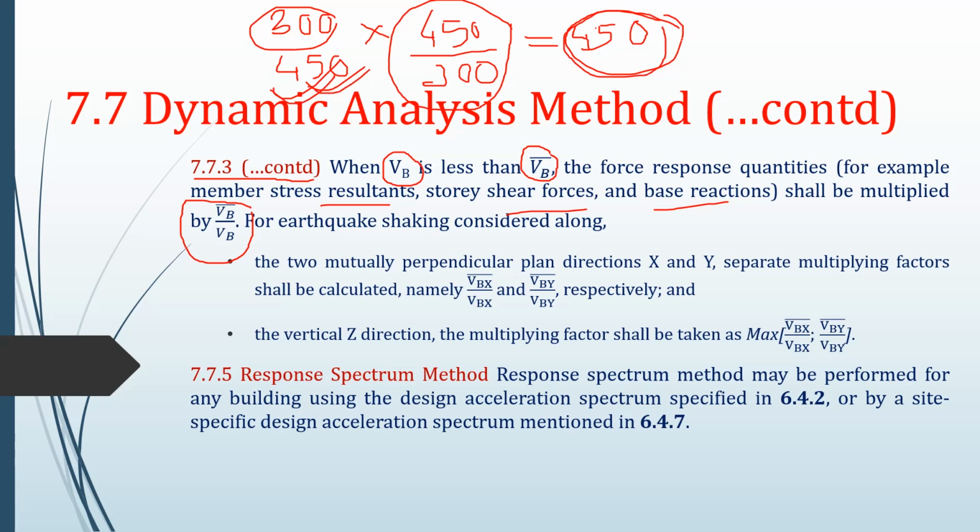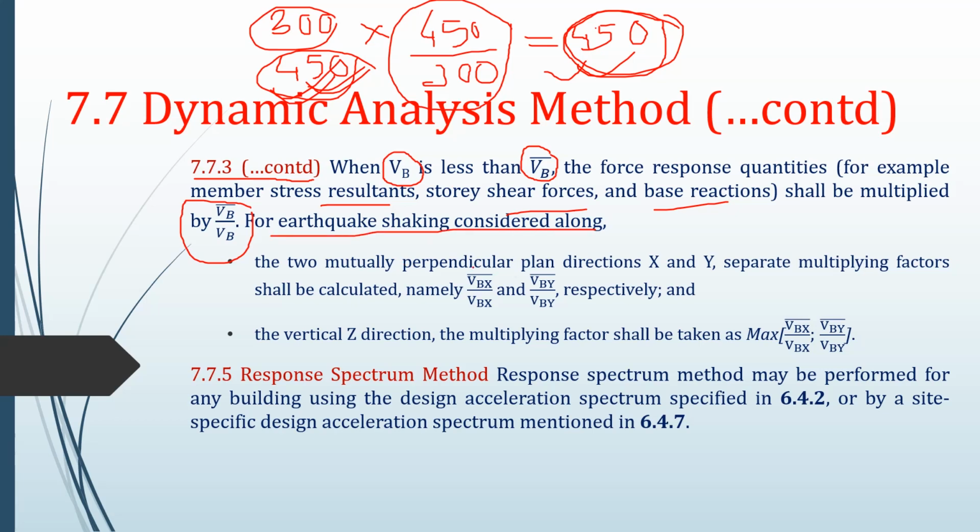That means minimum base shear should be at least 100% of this equivalent static base shear. And in other codes, you may get that to be 80% or 90% or 95%. But in our IS code, the minimum base shear should be at least 100% of the base shear obtained from the equivalent static force method.